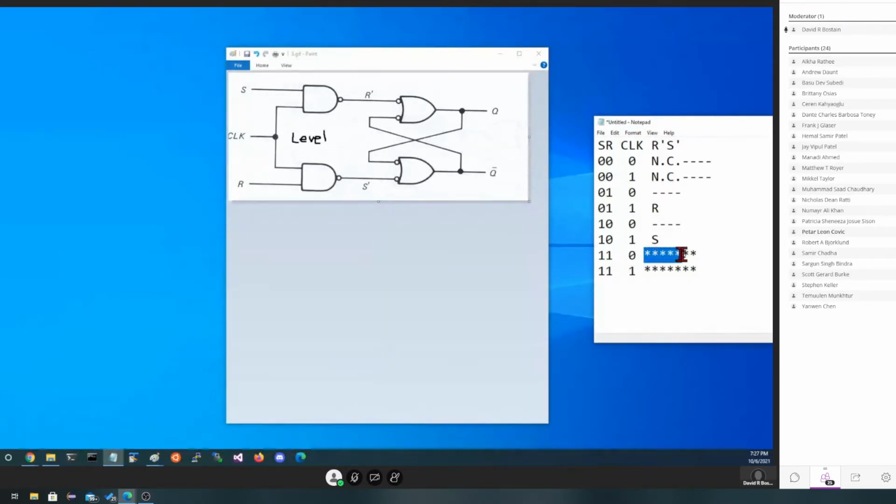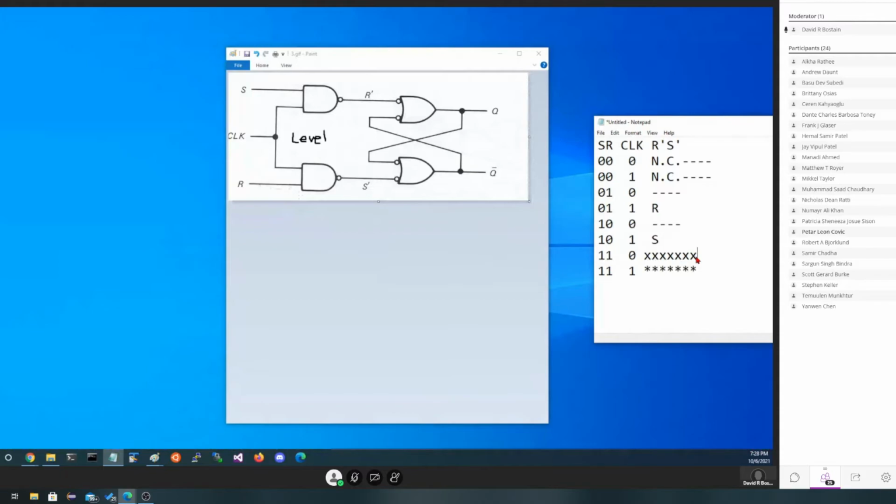We will disallow them just because it looks in the chart like it's explaining what's going on. But if you think about it, the set and the reset may be set independently by other circuitry. The only real requirement is that at the point the clock goes high, they be stable. Before that, they actually could be both on. So while the clock is low, I'm going to use some X's to stand for be cautious, because if the clock does go high while they're both on, then we're going to create a disallowed state.